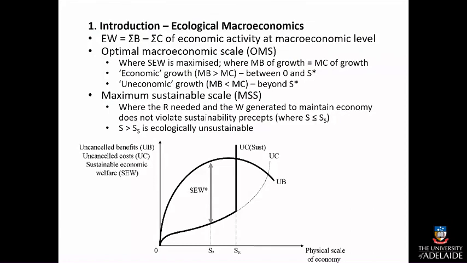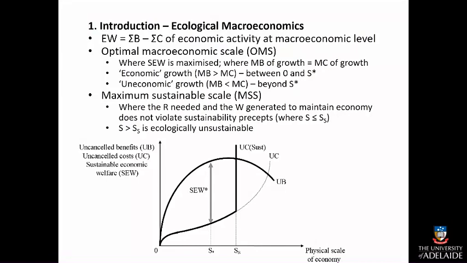And any scale of the economy between 0 and SS, the maximum sustainable scale, is an economy that can be maintained by resources or generates waste that's within the regenerative and waste assimilative capacity of the natural environment, and in that sense does not violate some of the sustainability precepts that I talked about last week.